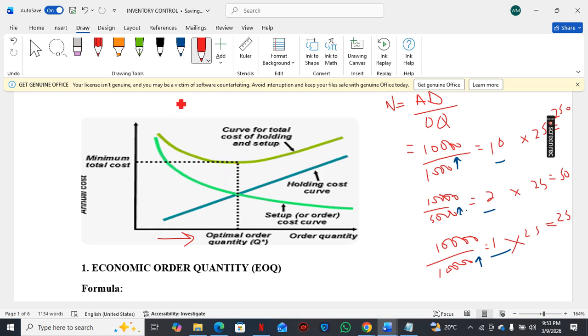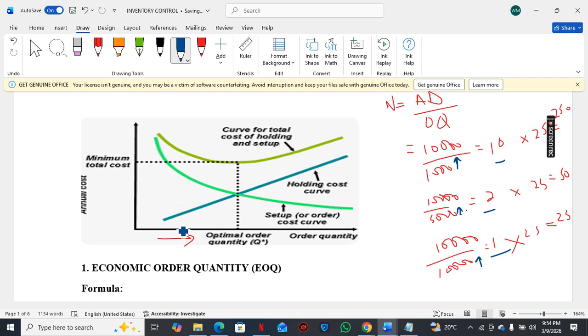The ordering costs act in the opposite manner. Because your ordering cost, you incur it whenever you make an order. So the bigger the quantity you get, the fewer orders you make. The fewer orders you make, the less your ordering cost.